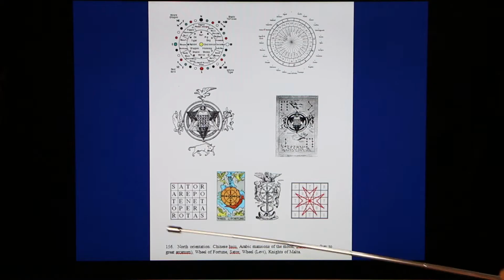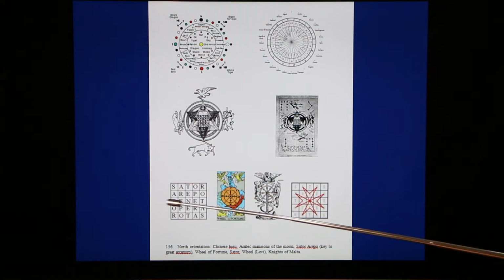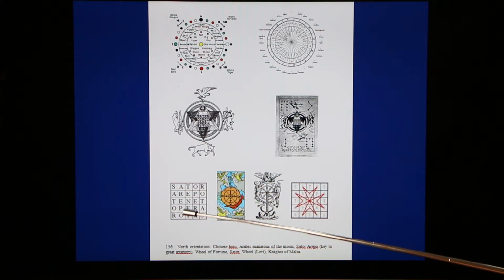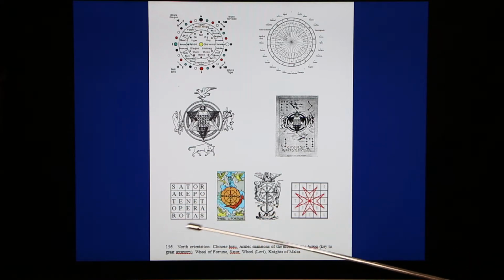And then you create a square of 25 squares, and you have Sator, Arepo, Tenet, Opera, Rotas. So the plower holds the things in shape.